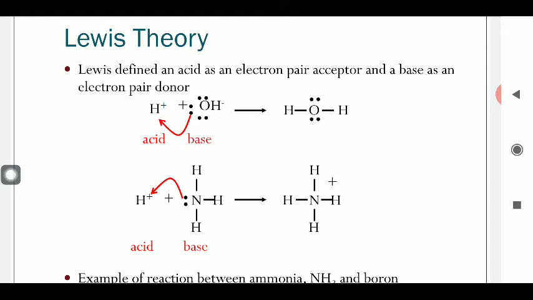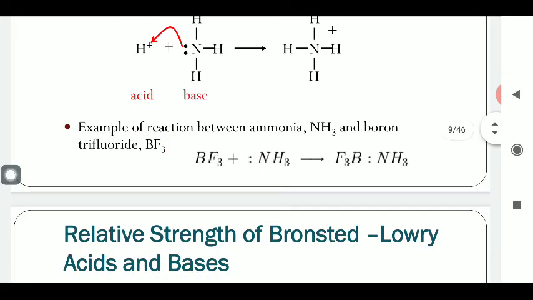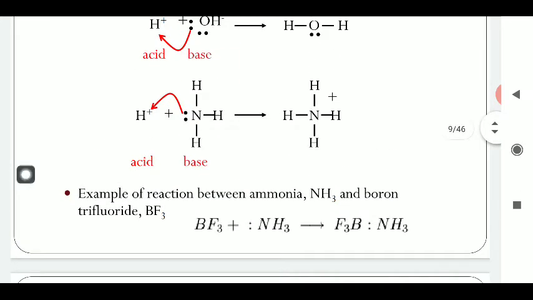So basically, the Lewis concept is applicable to all those compounds which can donate an electron pair. Now this BF3 molecule is an electron deficient compound. This ammonia has one lone pair, shown here. This ammonia can give this lone pair to this BF3. So this BF3 is known as a Lewis acid, and this ammonia is known as a Lewis base. The one who donates the electron is the Lewis base, the one who accepts the electron is the Lewis acid.